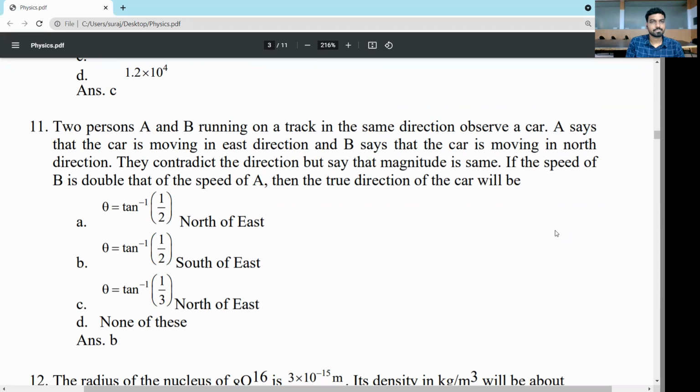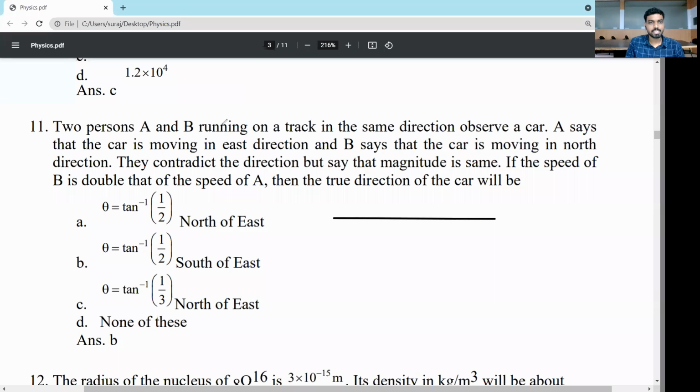Very nice question. Two persons A and B are running on a track in the same direction and observe a car. So let us say there is a track.